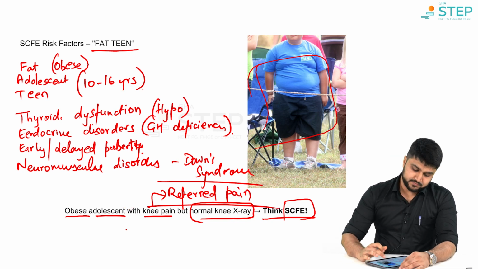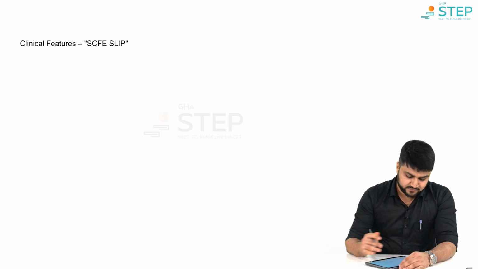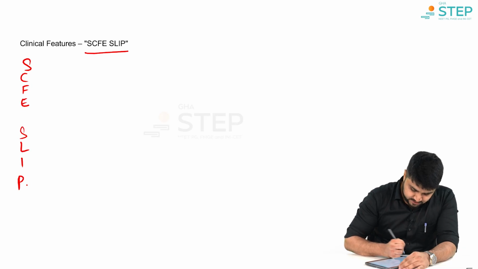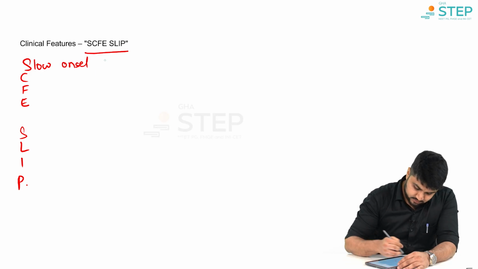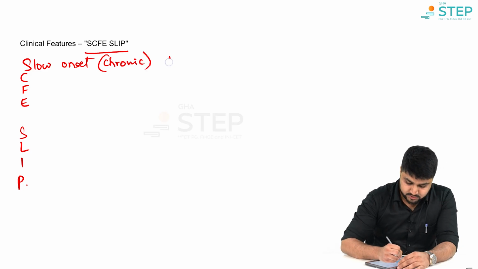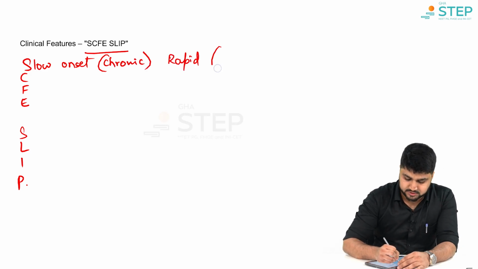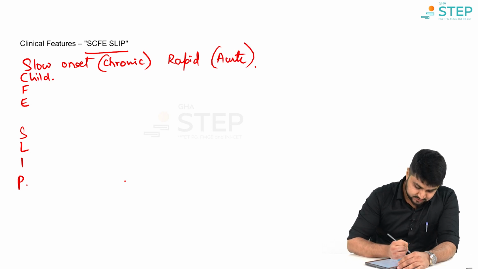Alright. So the next thing will be to remember the clinical features of slipped capitofemoral epiphysis. The mnemonic is SCFE, slip. Again, if the onset is slow, it is usually a chronic case. However, it can have a rapid onset or acute onset in case of trauma. So it's usually a child, as we have discussed.